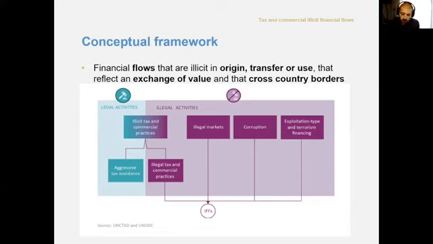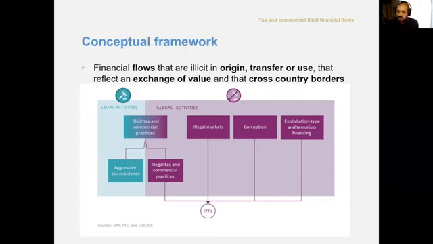Four categories of IFFs are identified: illicit tax and commercial practices, illegal markets, corruption and exploitation, and terrorism financing. With the last three, the question of illegality is clear. So all these are illegal activities. With illicit tax and commercial IFFs, the situation is rather more complicated.